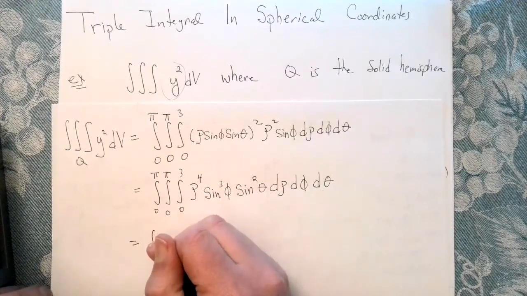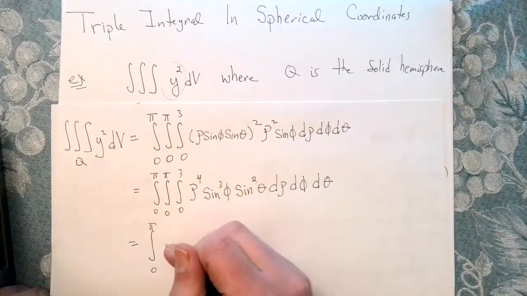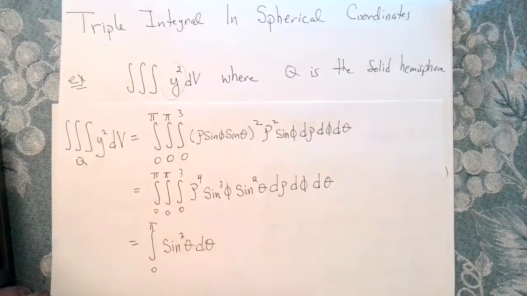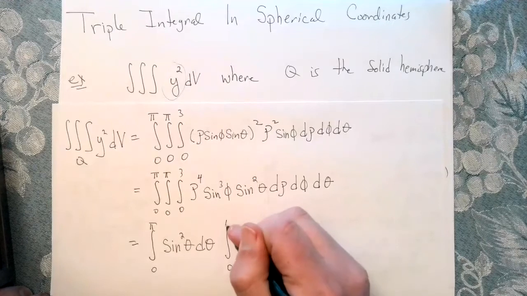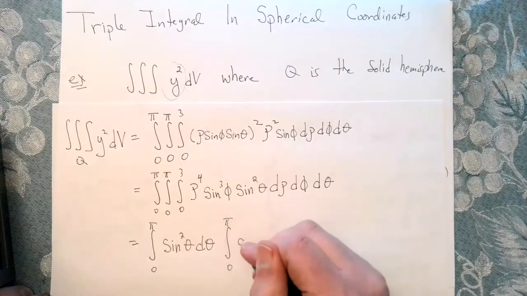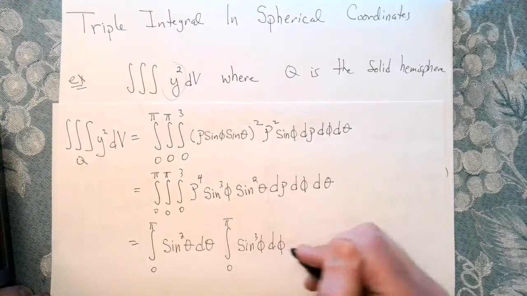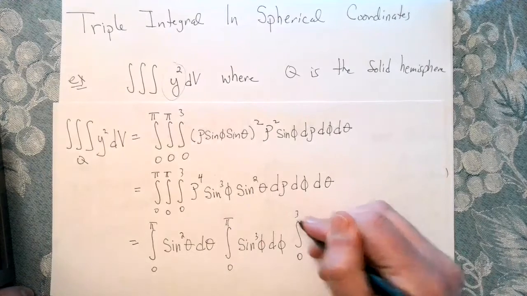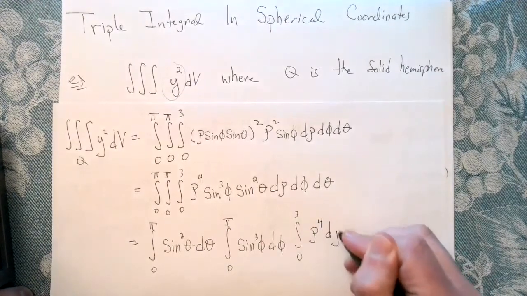So that's going to give me the product of three integrals. So on the very outside will be the theta integral. So that's going to be the integral of sine squared of theta d theta. And this will be times the integral from 0 to pi of sine cubed of phi d phi. And then the integral from 0 to 3 of rho to the fourth d rho.